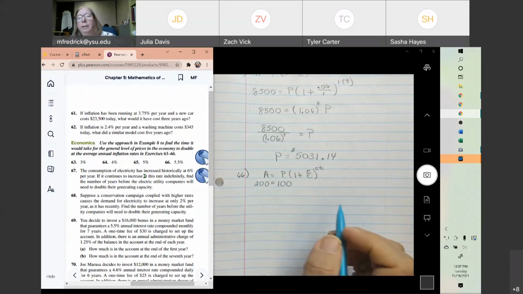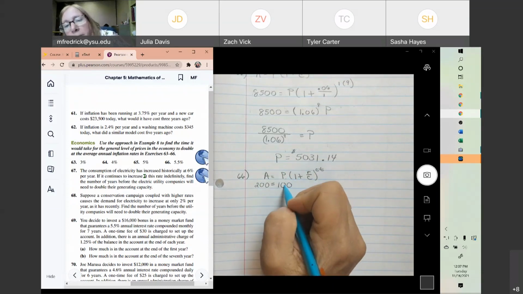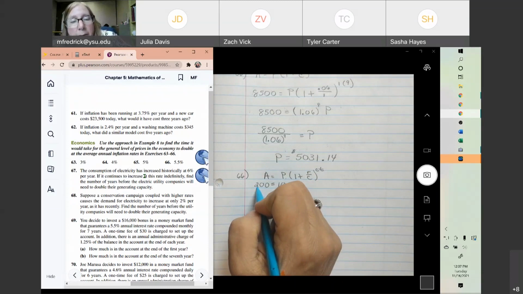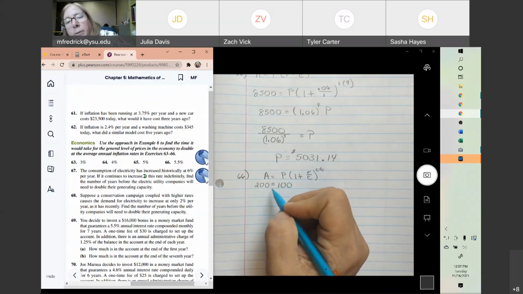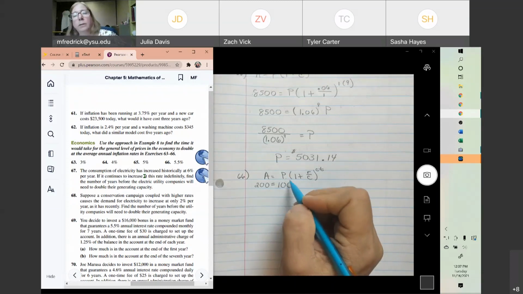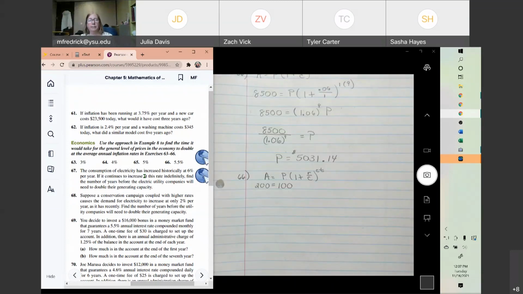So you can pick anything. This could be 5, doubled, it's 10. This could be 10,000, doubled, it's 20,000. So when they're talking about doubling, they don't have to give you a starting amount. You just have to realize you're doubling your money.